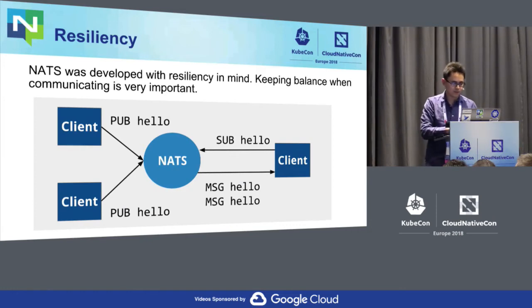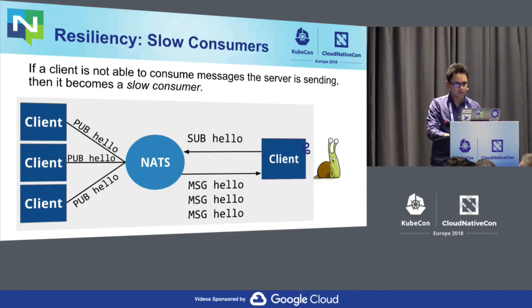And this is one of the most important features from NATS, which is how resilient it is. And Colin mentioned it earlier in the intro. There is a concept of slow consumers that NATS really optimizes for this use case where, let's say, for example, there is a client that is subscribing to a hello subject, but it is not able to process all of these messages that it is receiving, right?